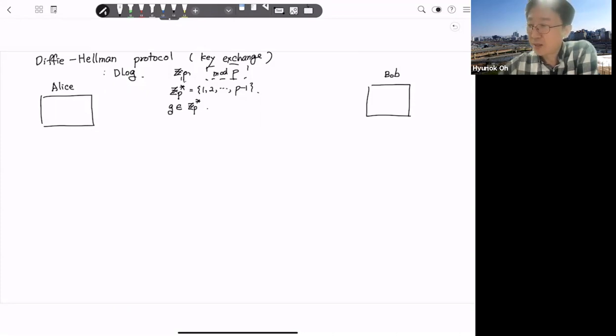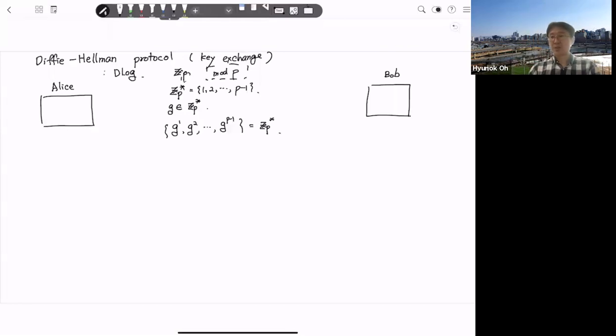Generating means G to the 1, G to the 2, up to G to the P minus 1 is equal to Zp star.